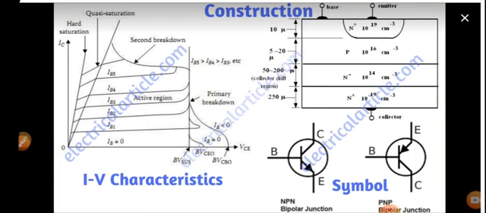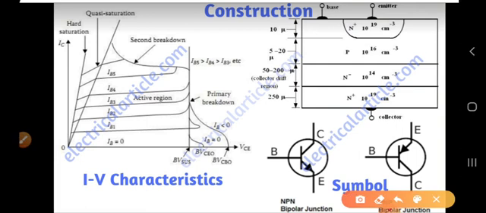Now you can see all the diagrams here, that is the structure of the power BJT. These two are the symbols of the power BJT, and the VI characteristics of the power BJT is this one.